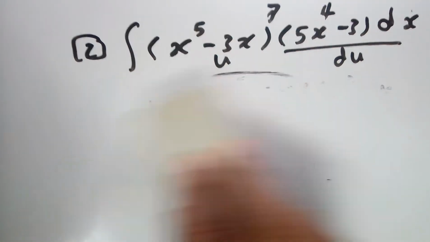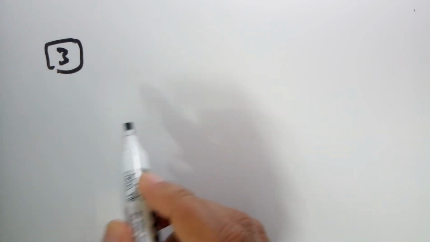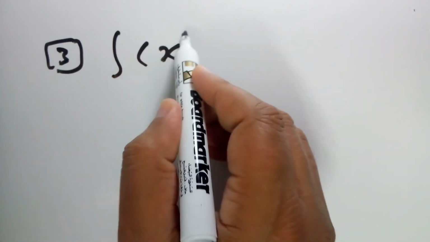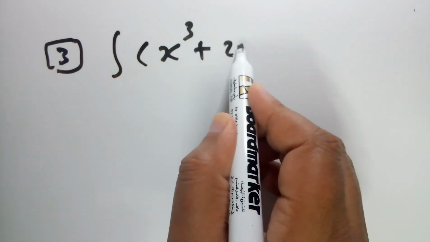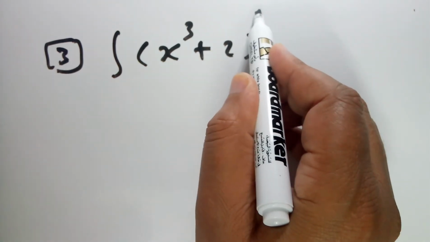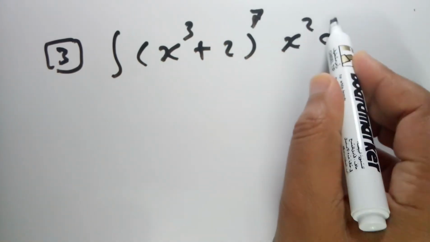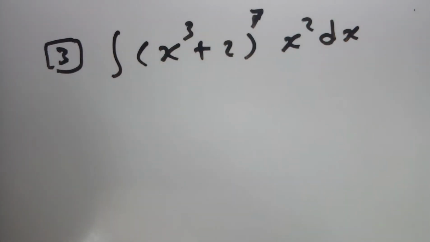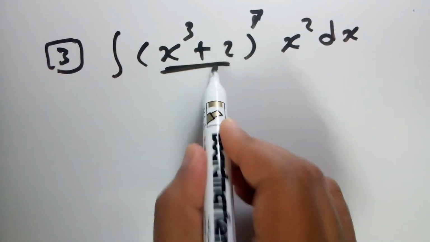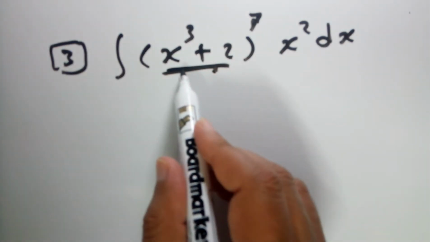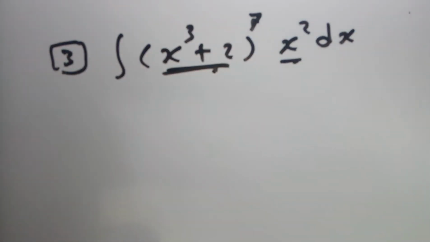But if we have number 3, find the integral of x cubed plus 2, all to the power 7, times x squared dx. Now the derivative of the inner function here, x cubed plus 2, is 3x squared, but here we have x squared only.